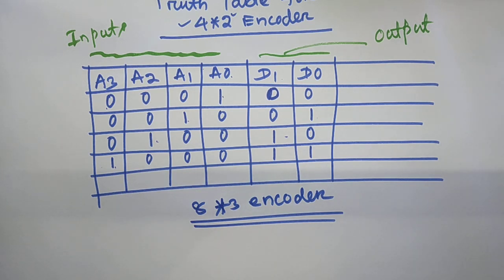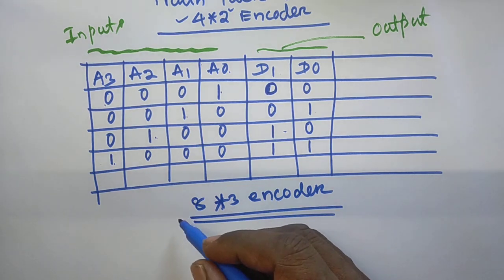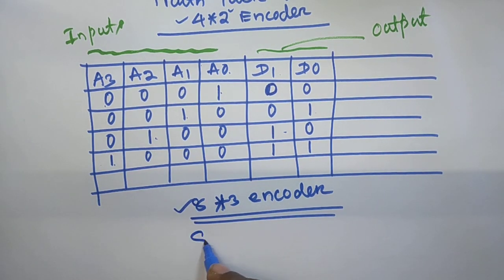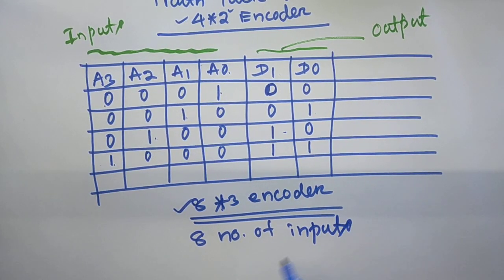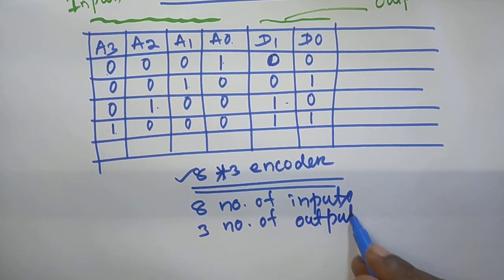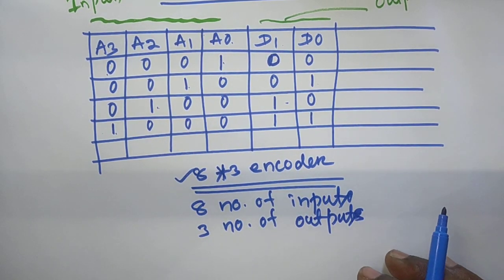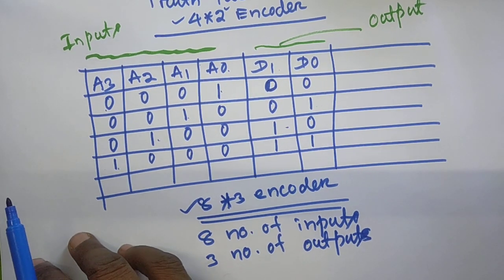Okay, in this case, we can consider 8 inputs and 3 outputs. So how we will design the 8-3 encoder, now we will see. Very simple way, I will show you.